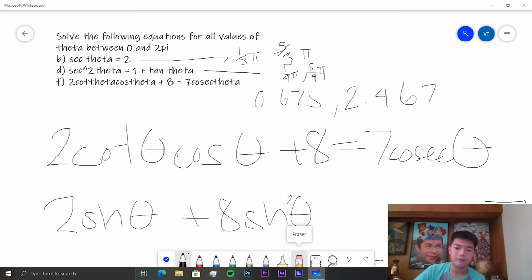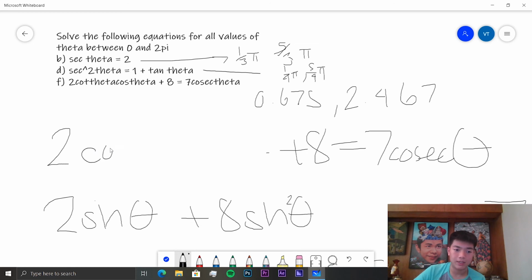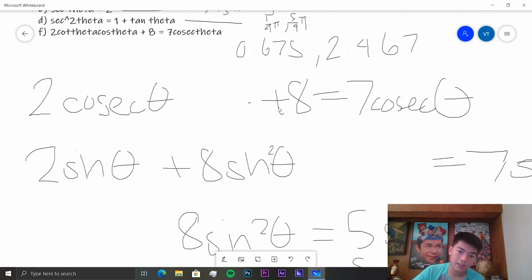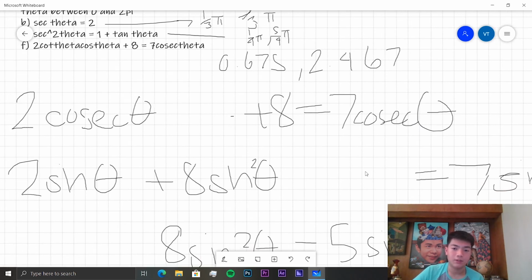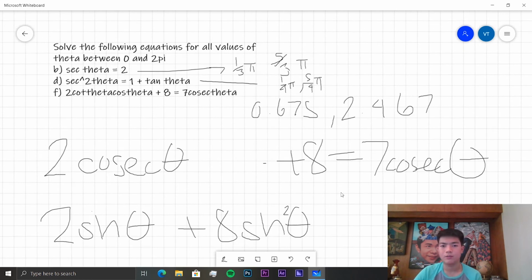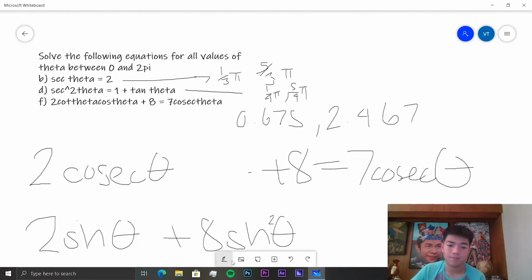That's a bit weird, because actually we can convert this into 2 cosecant theta effectively. So this is 2 cosecant theta plus 8 is 7 cosecant theta. So we have 8 over 5 is equal to cosecant theta. Sine theta is 5 over 8. So we should get these two values. I'm not sure what happened.